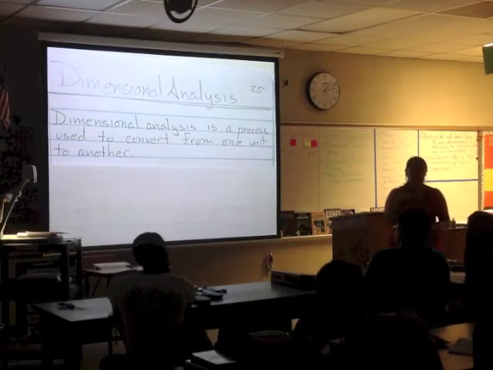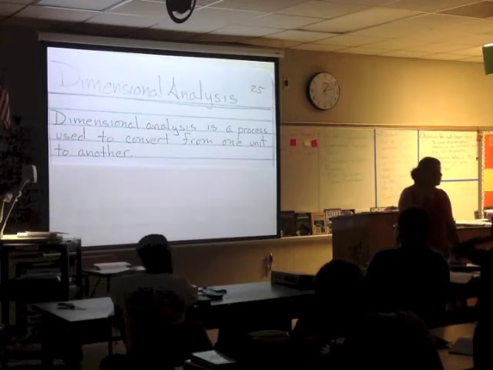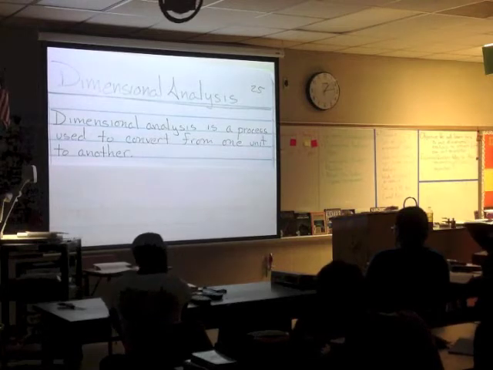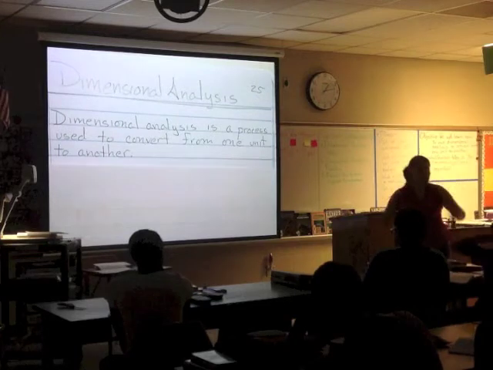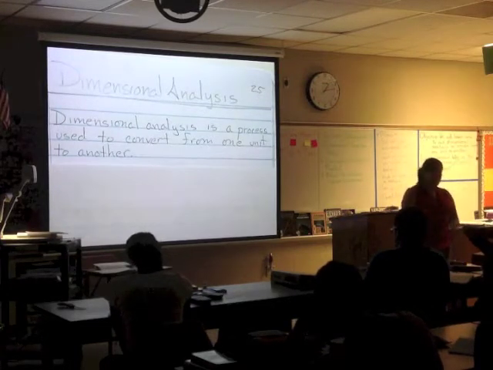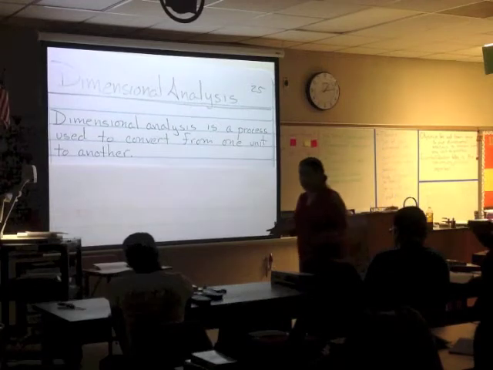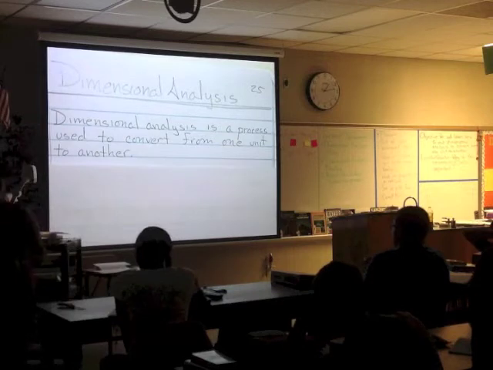Now, you'll see that today. Including units is going to make this so much easier. Because if you include the units and you end up with the unit you want, you know you did the question right. So if you include your units, it's going to be one way you know you did it right. So I'm going to do a step-by-step process on how to do this.